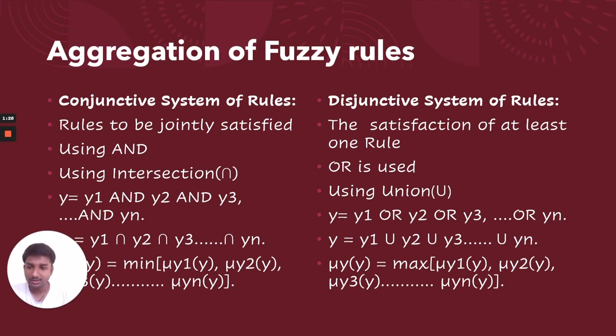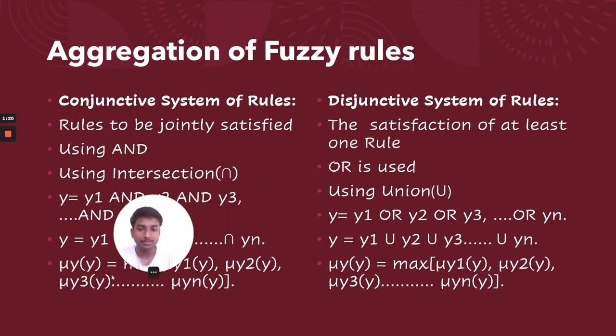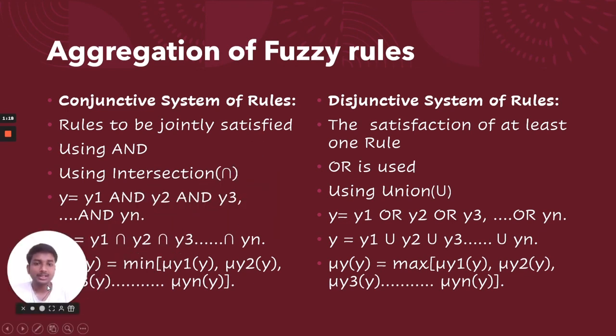This is for the multiple one, the simplification. And the disjunctive system of rules: the satisfaction of at least one rule. Remember the sequence: or, union, maximum. Or, union, maximum.